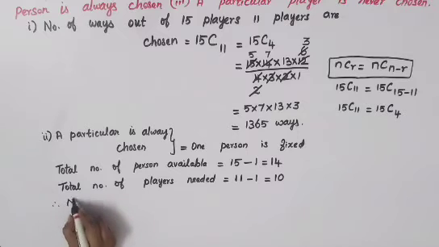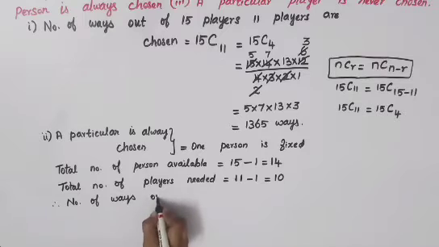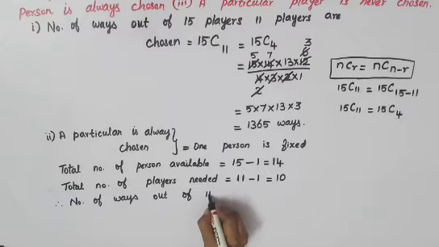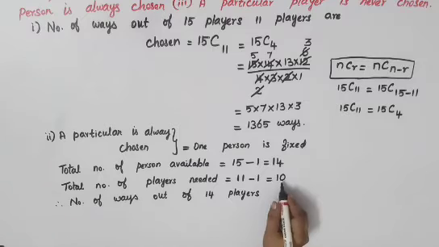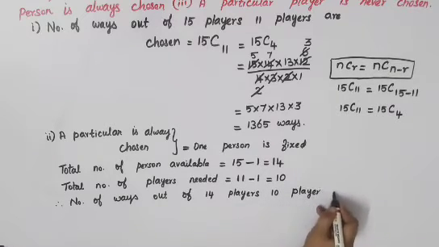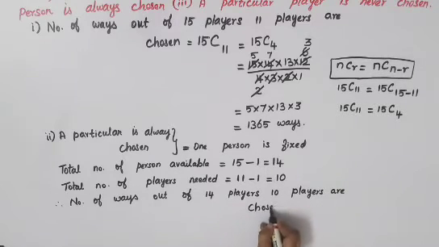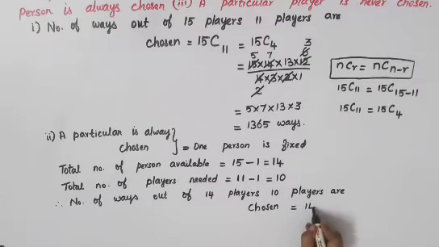Therefore, number of ways out of, now only 14 persons are available, 14 players, 10 persons are needed. So 10 players are chosen is equal to 14C10. So 10 persons out of 14 persons we'll have to pick up.